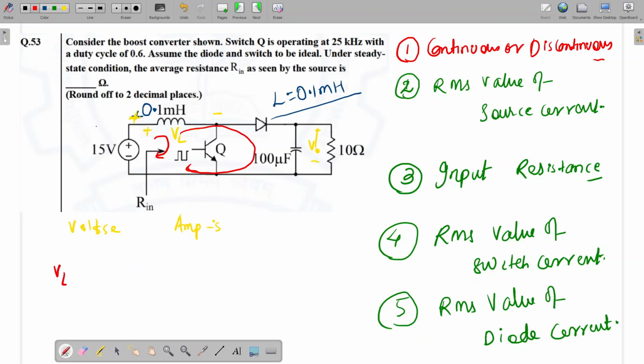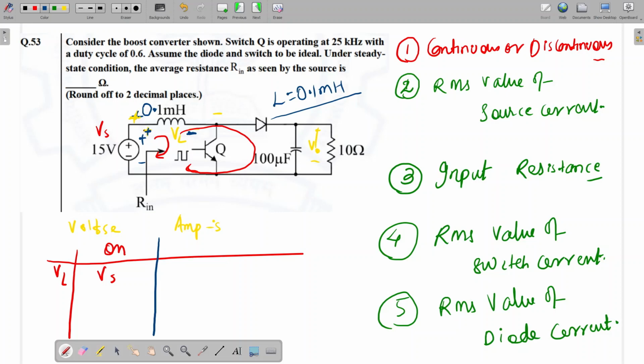So during the on duration, what will be the value of VL? It will be the same as VS. See here, this is VS and this is VL. If this switch is on, it will be shorted, so VL will be equal to VS. Is it clear to all?